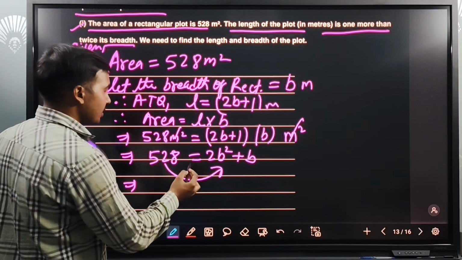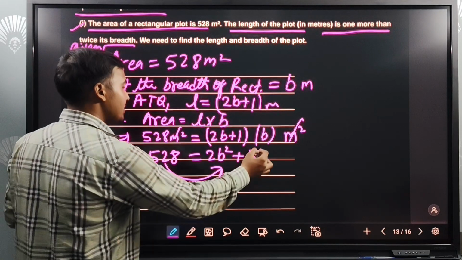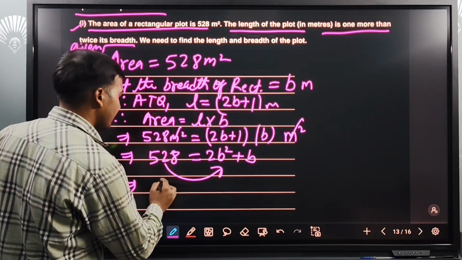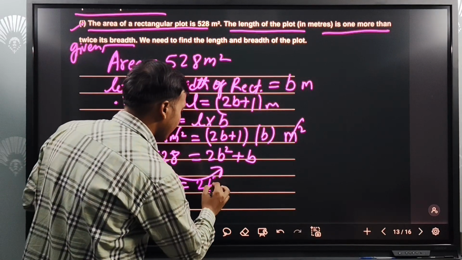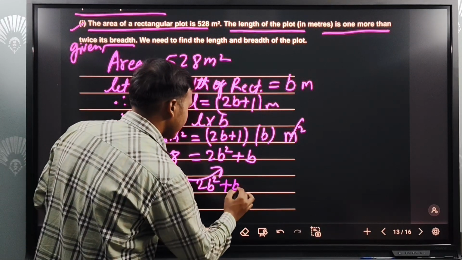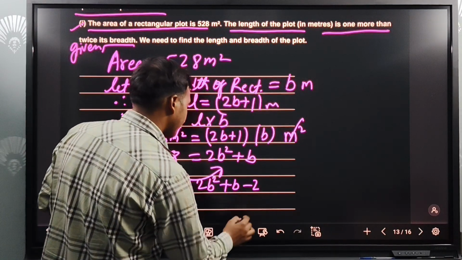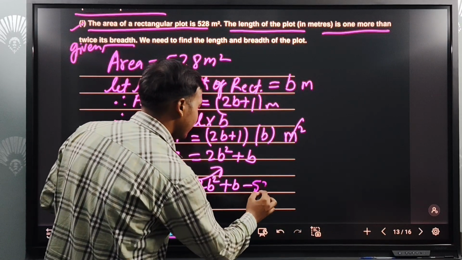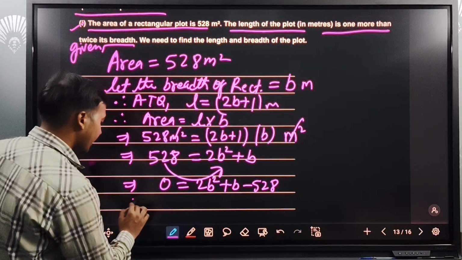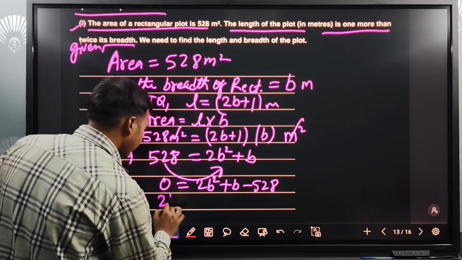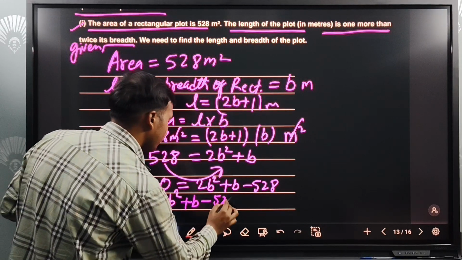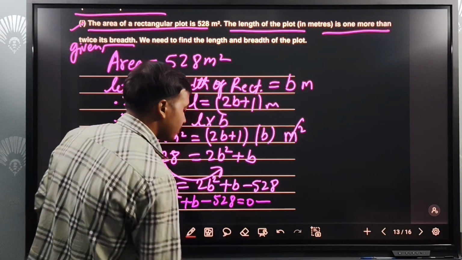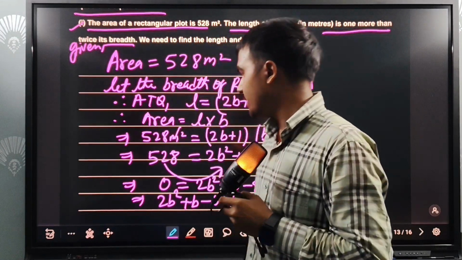What I am doing is taking 528 to the other side. So you will get 0 is equal to 2b square plus b minus 528. You can also write it as 2b square plus b minus 528 is equal to 0. So this is our required quadratic equation.